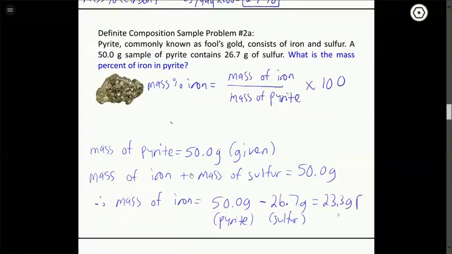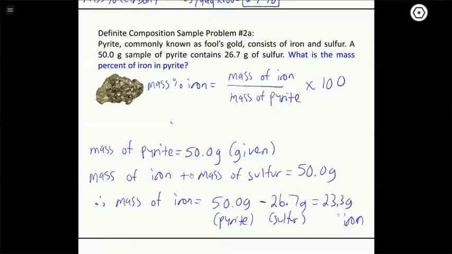I won't write chemical symbols yet, so I don't confuse you. Once again, 23.3 plus 26.7 equals 50. We were given this mass, and we had to use a little bit of algebra to find the mass of iron. So this combines conservation of mass and mass percent.